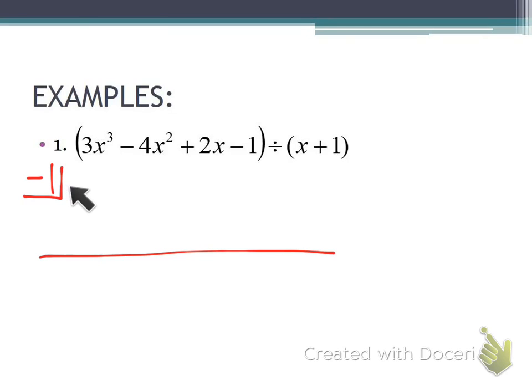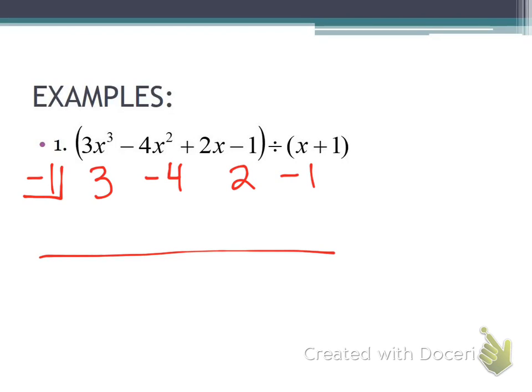The coefficients are going to get listed along outside of that little box in order. Okay, so what's the coefficient on our first term? 3. Next term, negative 4. If it's a minus 4, we got to treat it like a negative. Next one, 2, and finally, negative 1.